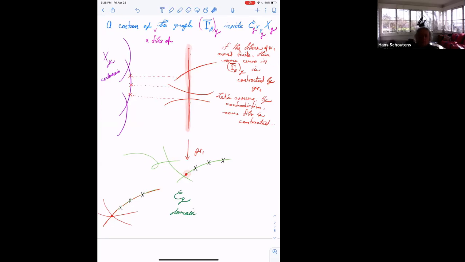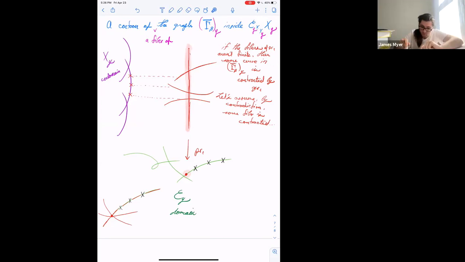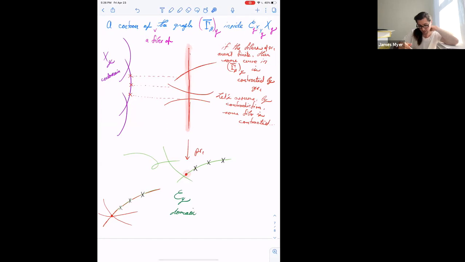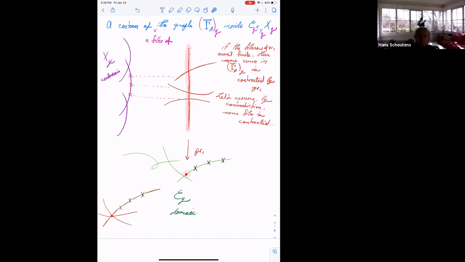Well, no, I want to use the fact that the points are marked points. They're in violet. You're closing in the space of things that has marked points. Yeah, but I don't see how you've used the marked points now.